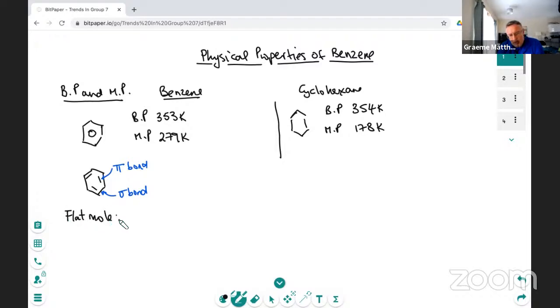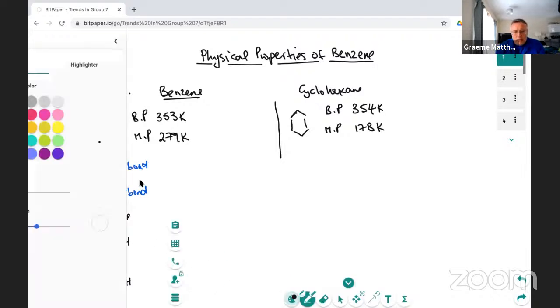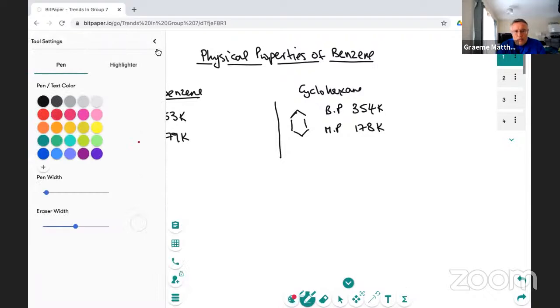Now, the reason why it's a flat molecule, I think we went over last time, but here we go, is this: if I expand this out even more so that you can see all the carbons and the hydrogens. Again, these aren't supposed to be double bonds. These are pi bond systems. Look at this carbon here in red.